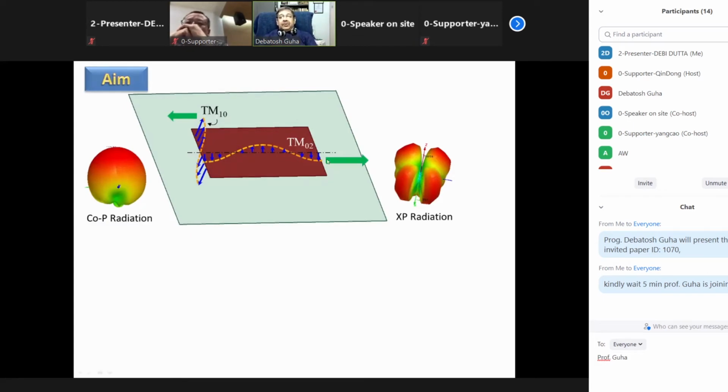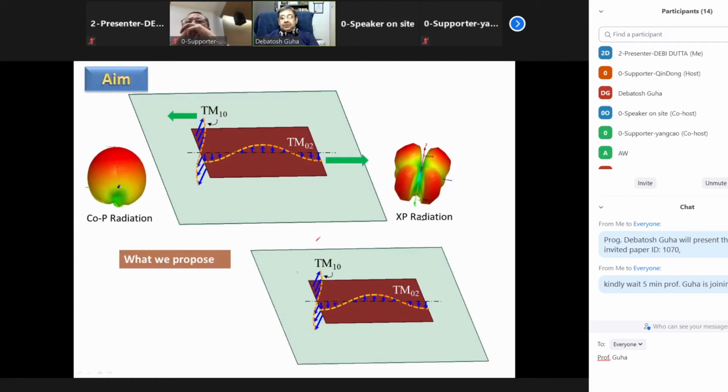When you deal with one microstrip rectangular patch, it is the resonant length. TM10 is your desired mode, but you cannot stop this higher order mode or orthogonal mode because it is generated from the perturbation. This is the desired copolar radiation, that is the cross-polar radiation.